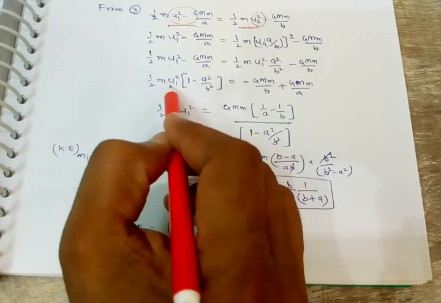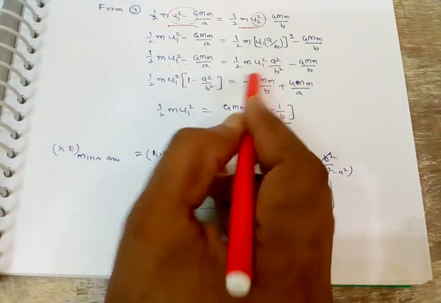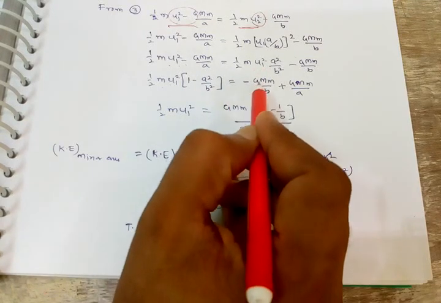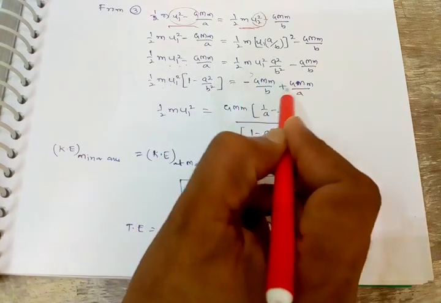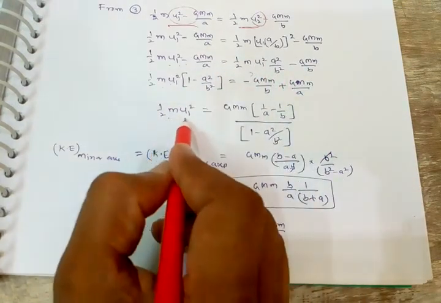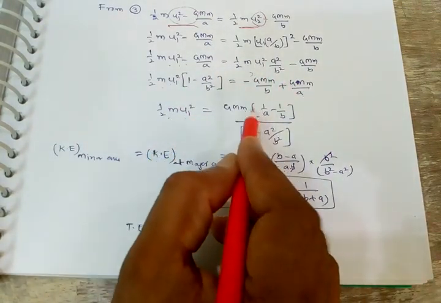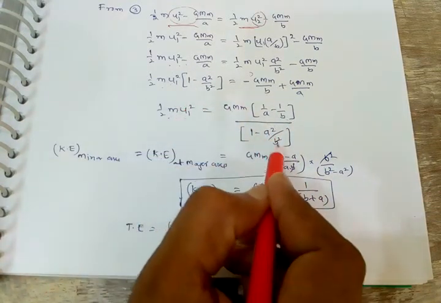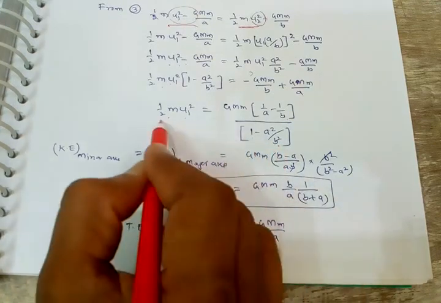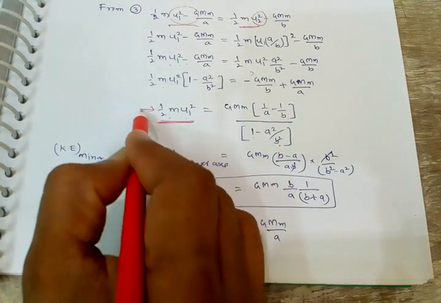So half m u1 square times (1 minus a square by b square) equals GMm (1 by a minus 1 by b). This is the kinetic energy at the first point.